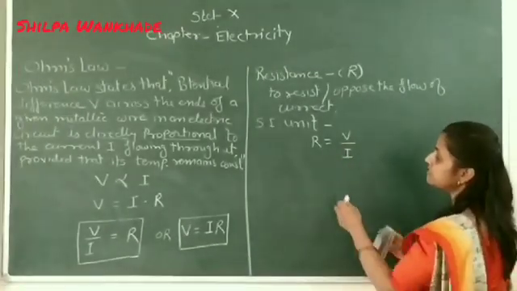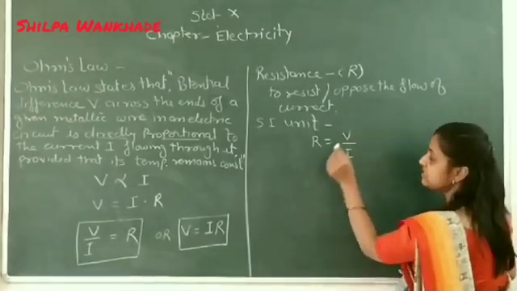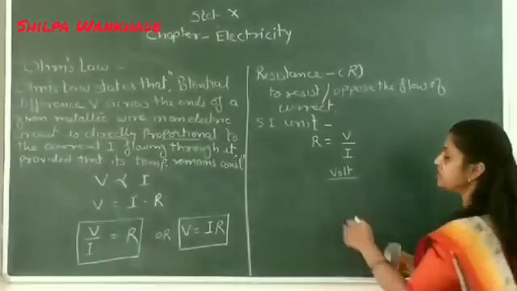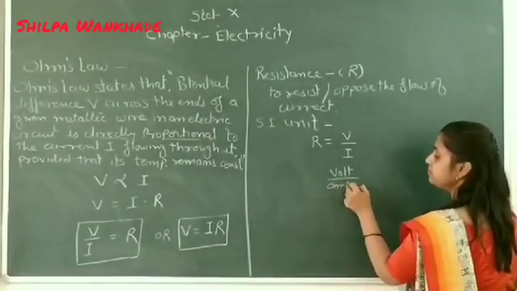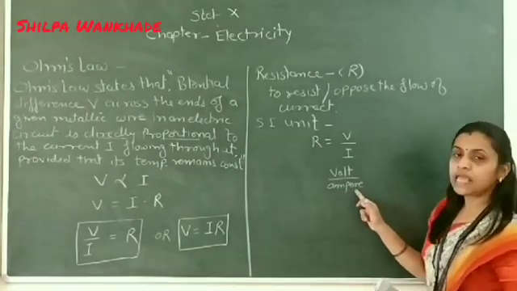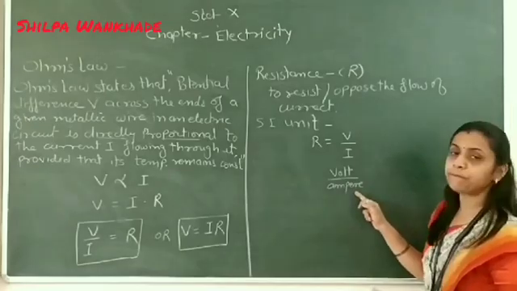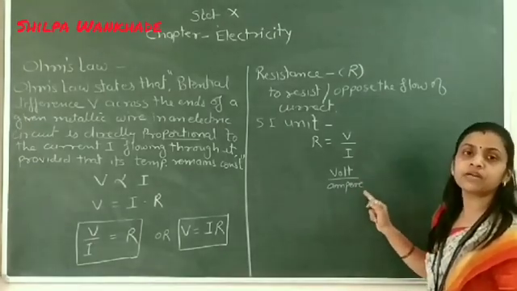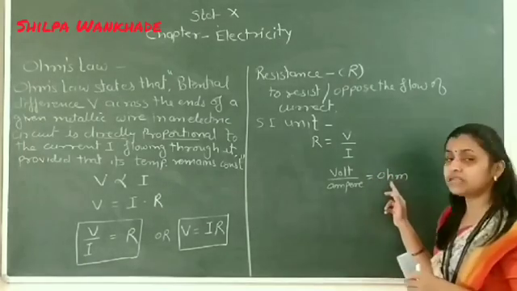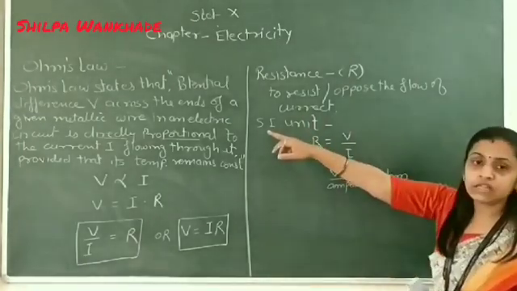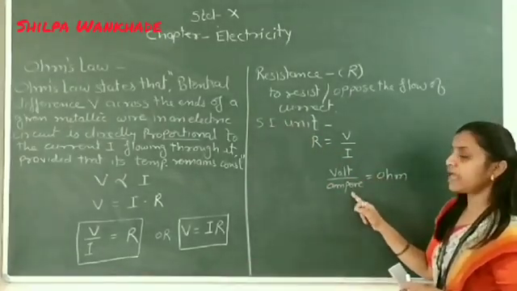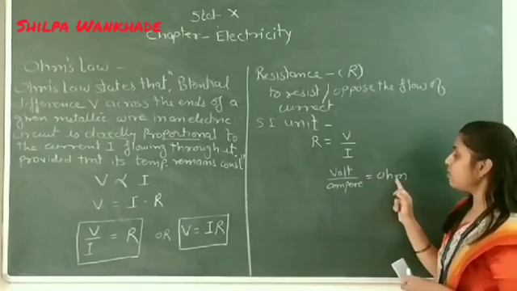V means potential difference, and this potential difference is measured in volt, and current is measured in ampere, and therefore volt per ampere. So volt per ampere is called ohm. Ohm is the name of the scientist on whom the law is named, that is Ohm's law, and therefore this SI unit, volt per ampere, is called ohm.